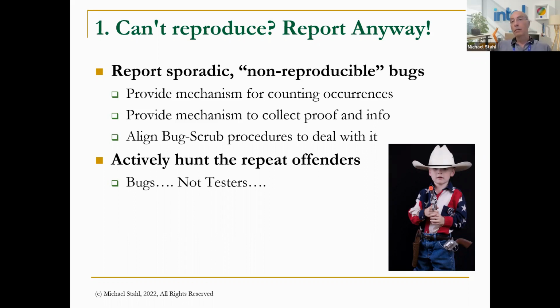On the other hand, all the mechanisms that we have don't support this. As I just explained, if you report it in this way, nobody's going to deal with it. So the important part is to provide a mechanism in your bug reporting system that will allow you to count how many times this bug appeared.